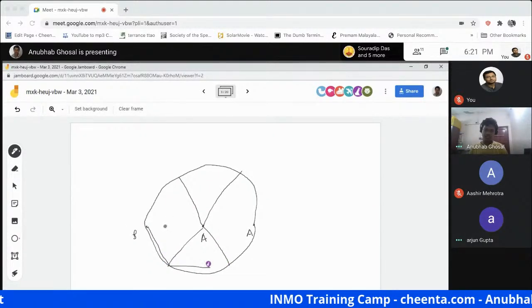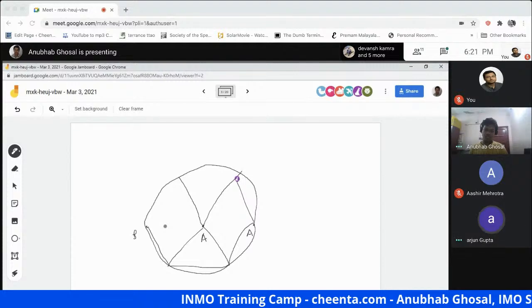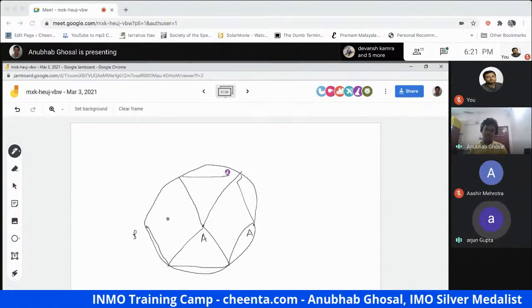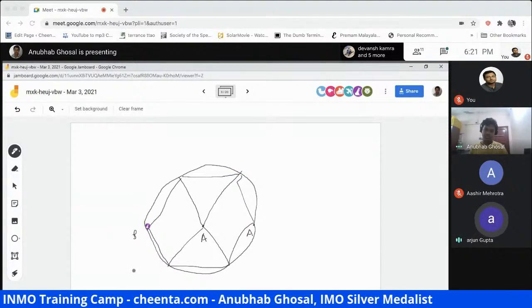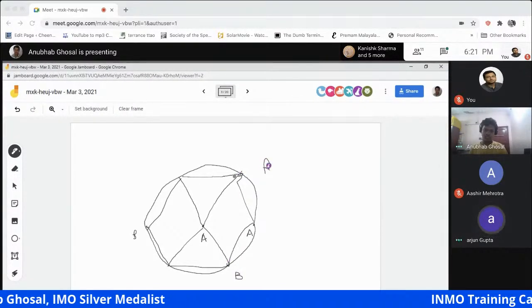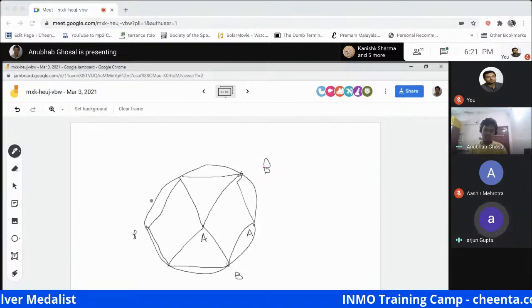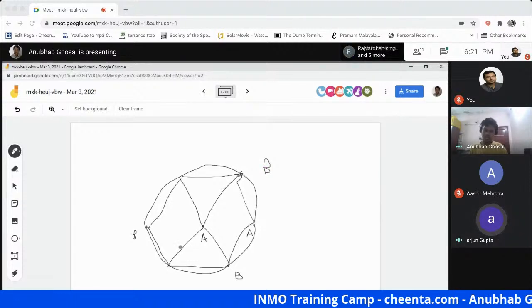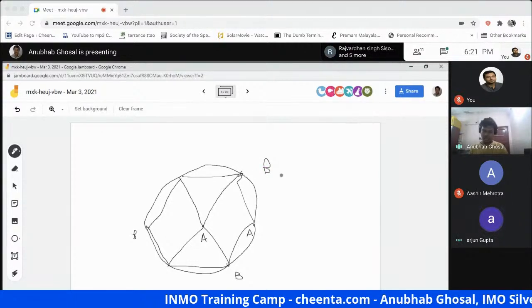That would force this to be B, and that would force this to be B. But now we have an equilateral triangle with side length √3. So this leads to a contradiction.